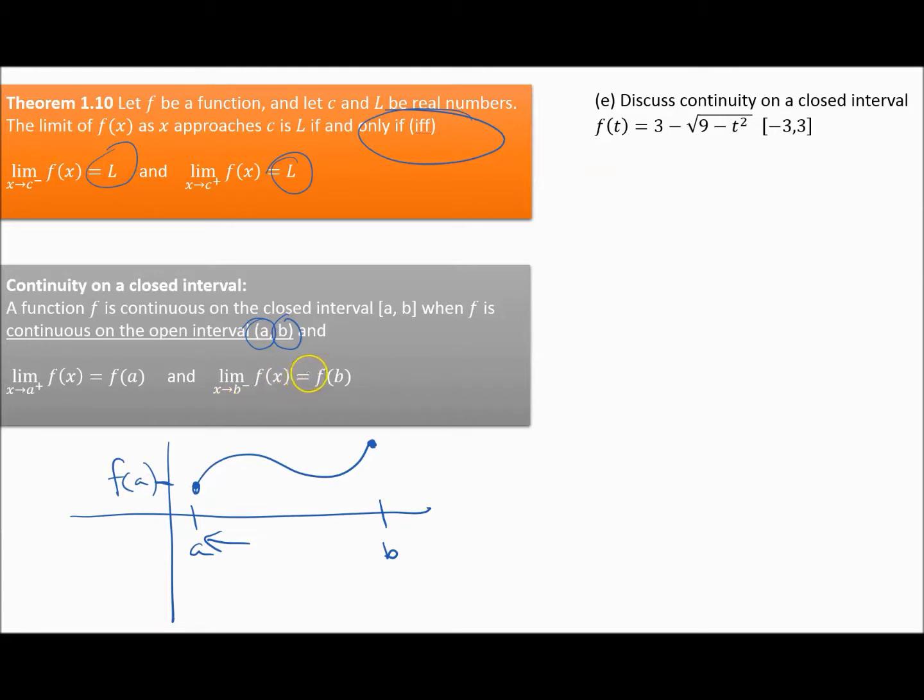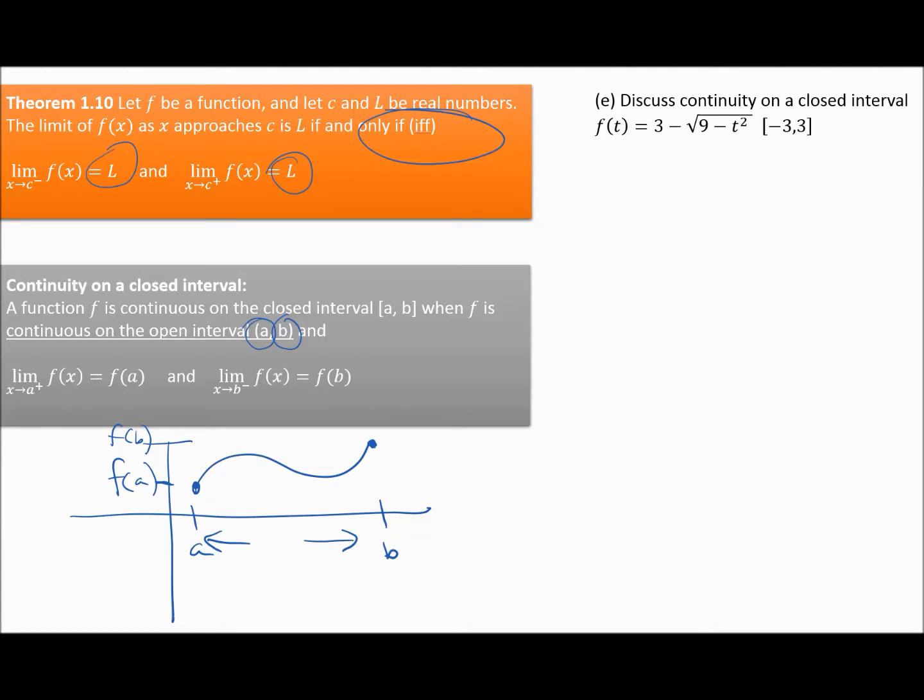And this one says if you approach b from the left, and here's f of b up here, the limit value is the same as the function value, then you can say you're continuous on a closed interval. So that's what's happening there.